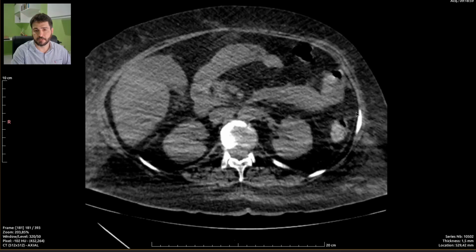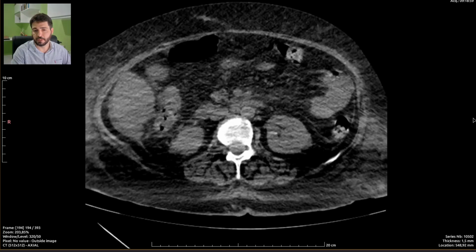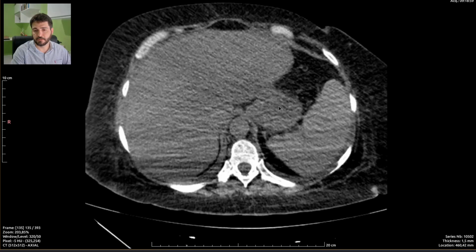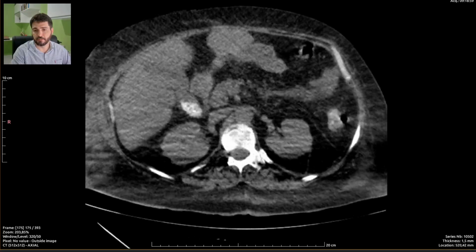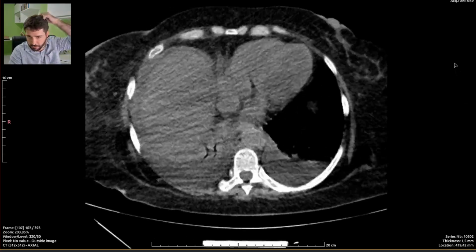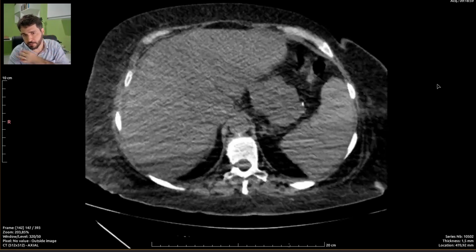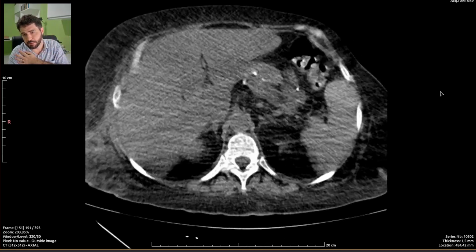So this is the biliary limb. So feeding and biliary limb.